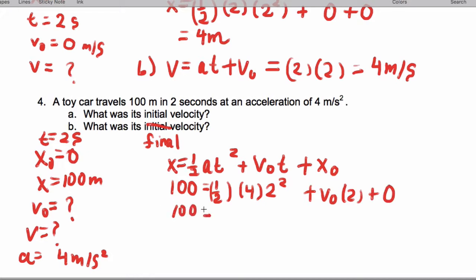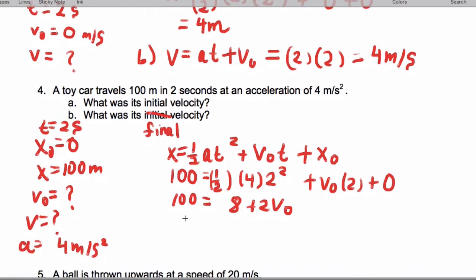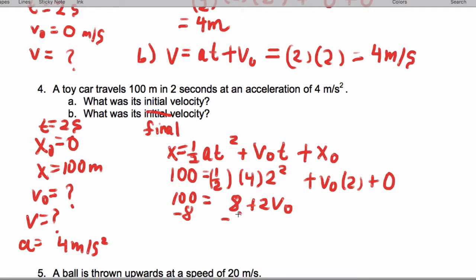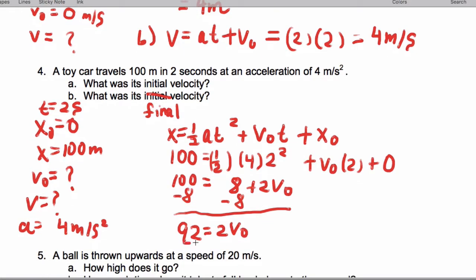So 100 is, half of 4 is 2, times 2 squared is 8, plus 2 v naught. We subtract 8 from both sides, and we're going to get 92 is 2 times v naught. We'll divide both sides by 2, and that gives us v naught is 46 meters per second.